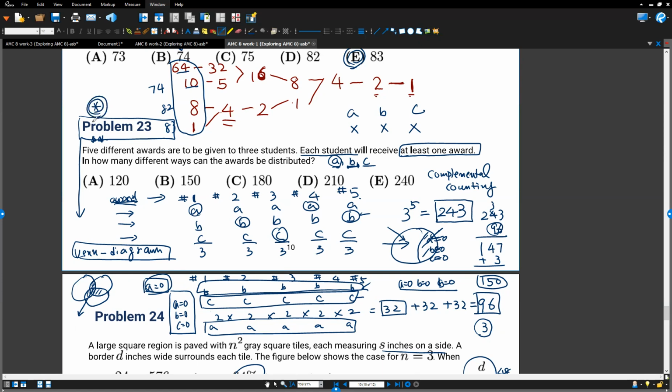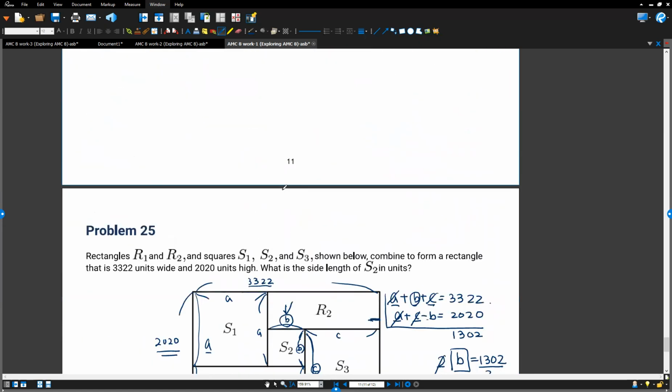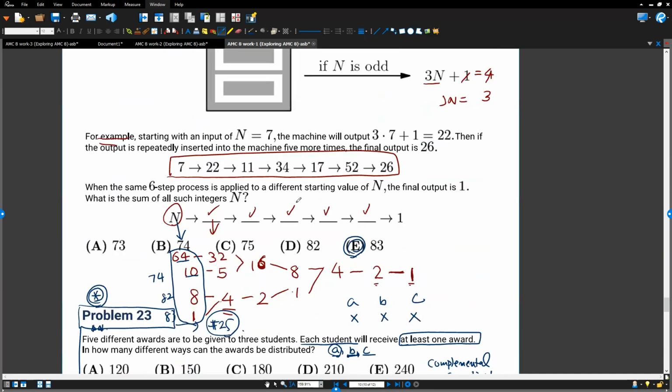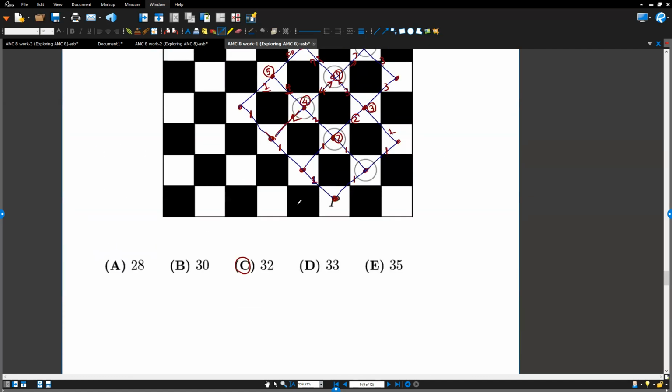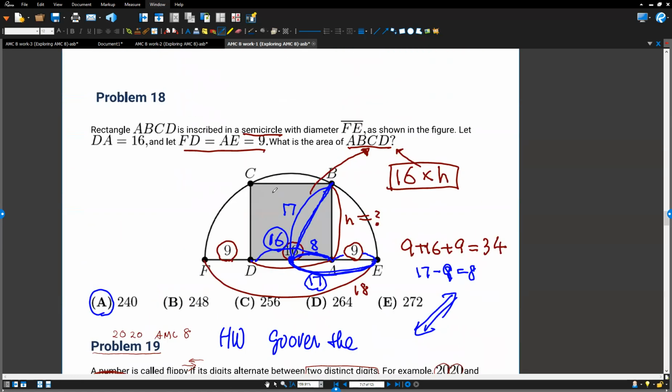Venn diagrams are very important for AMC 10 and 12. Okay, this is a little hard. I think this is number 25. We did go up through number 25, 24, 23, 22, 21, 20, everything.